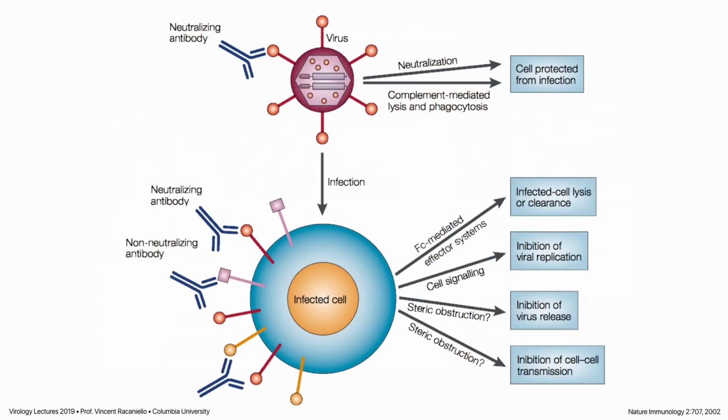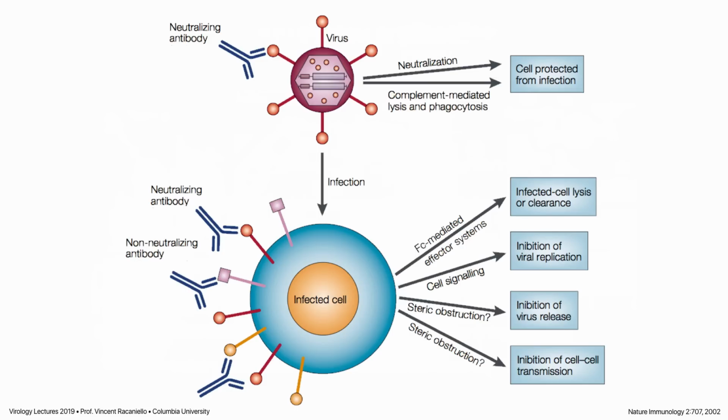And those are shown here. So you can have lysis of the infected cell by a complement-mediated mechanism. So again, by having an antibody bound to a viral protein on this cell, complement can lyse it. You can have inhibition of viral replication. The antibody might get in, or it might just remain bound to the viral glycoprotein and signal into the cell in a way that inhibits virus replication.